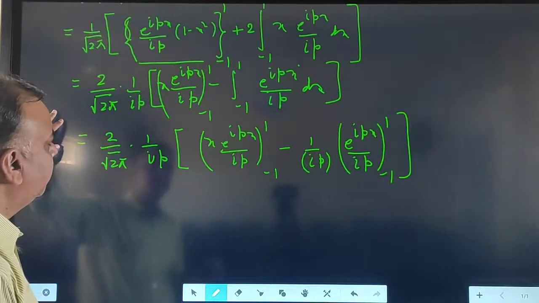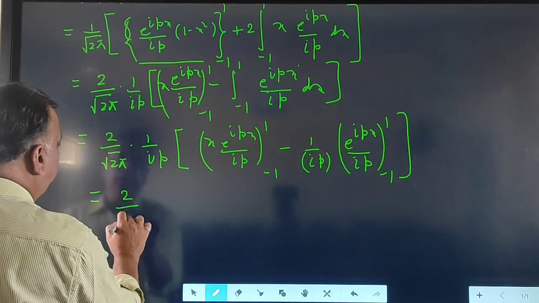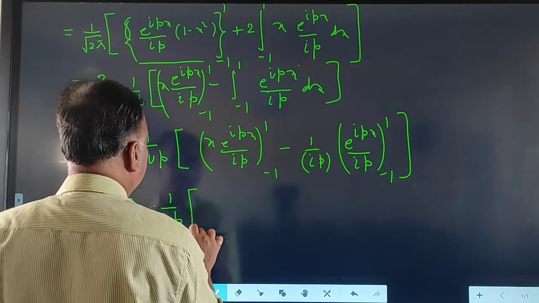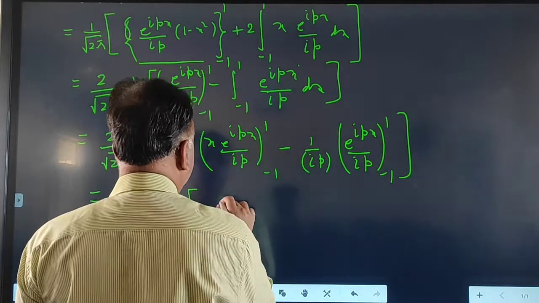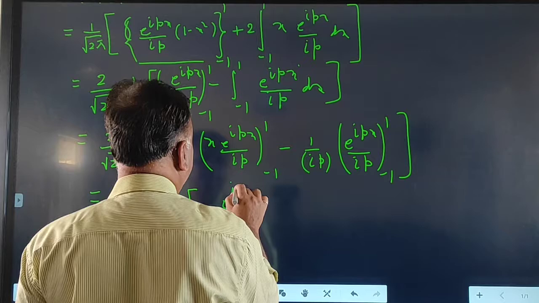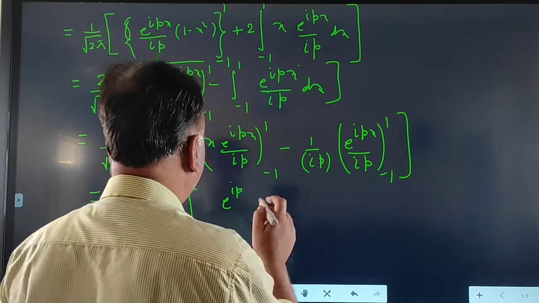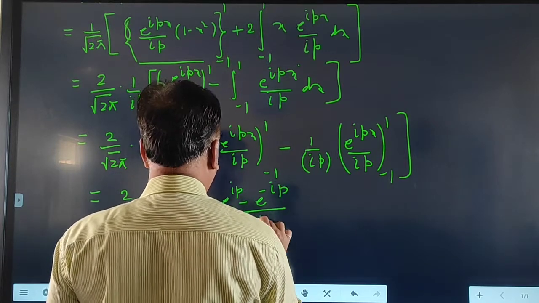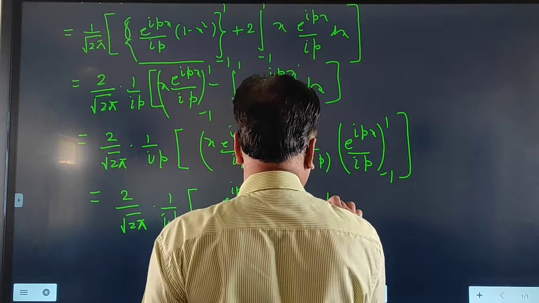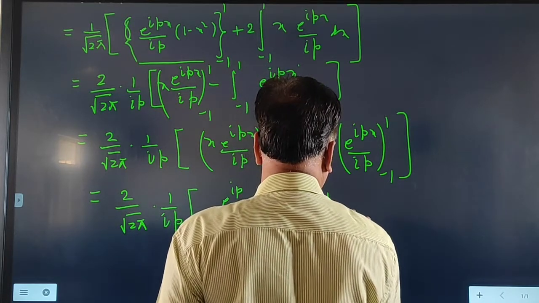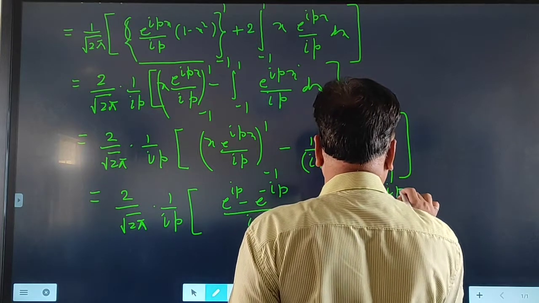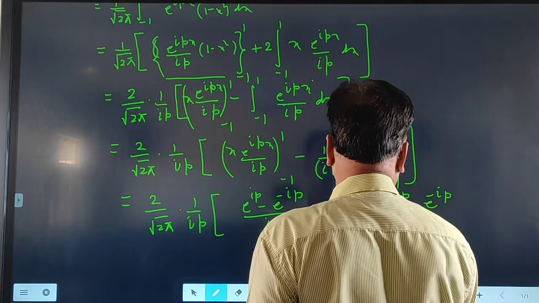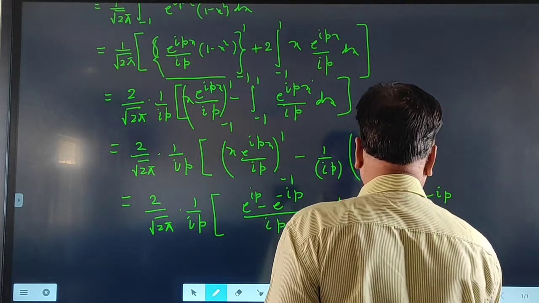Now solving this, we get 2 upon root 2 pi into 1 upon iota p. Putting the limits, x equal to 1, this is (e raised to iota p minus e raised to minus iota p) upon iota p, minus 1 upon iota p into (e raised to iota p minus e raised to minus iota p) upon iota p.